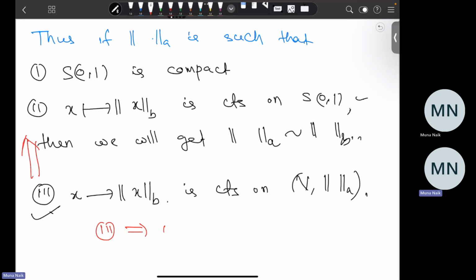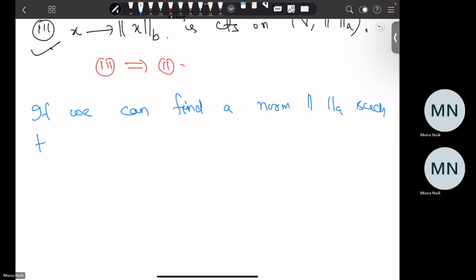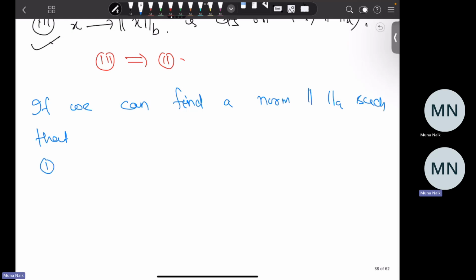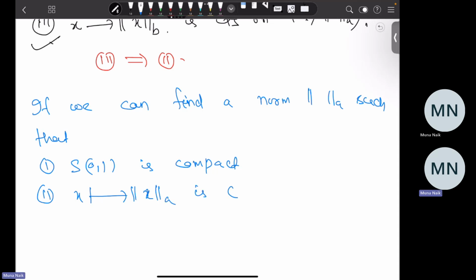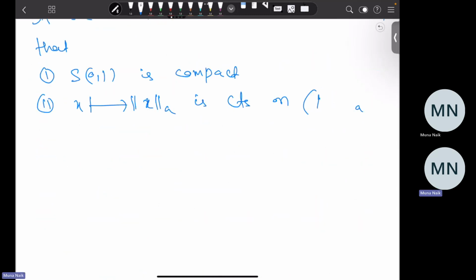So if we can find a norm A so that S01 is compact, and second thing, x going to norm xp is continuous on Rn, with the topology of Rn coming from norm A, then we are done.